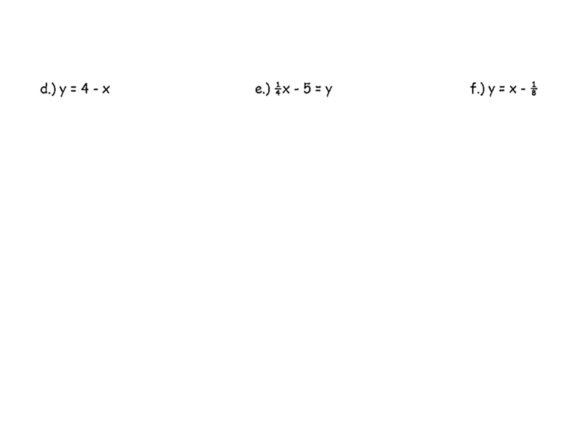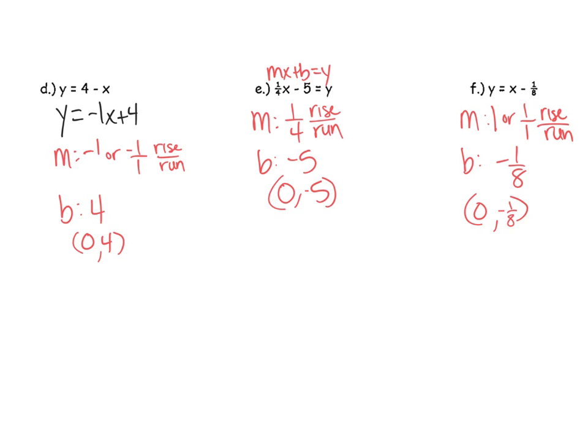What's my y-intercept? -1/8. What's my ordered pair? Same pattern as all the other b's. 0 and -1/8.